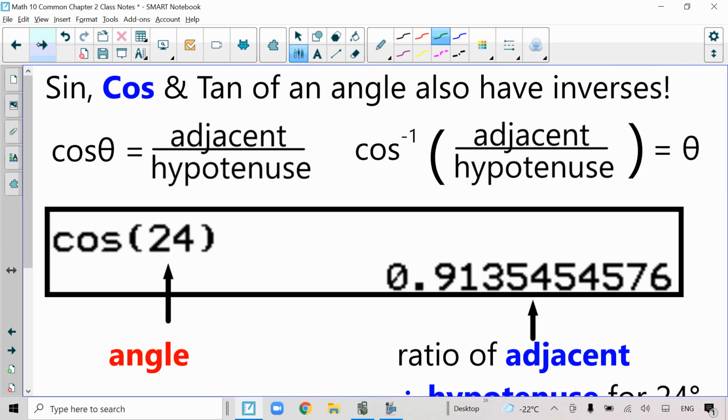Let's look at that for cosine. Cosine we know is the ratio of adjacent over hypotenuse. So cosine of 24 degrees, the ratio of adjacent over hypotenuse, is equal to about 0.9.